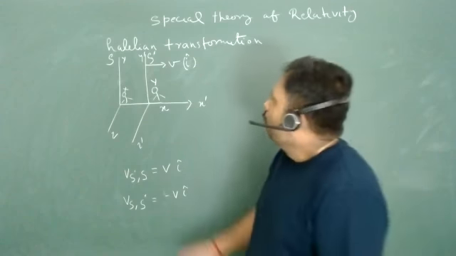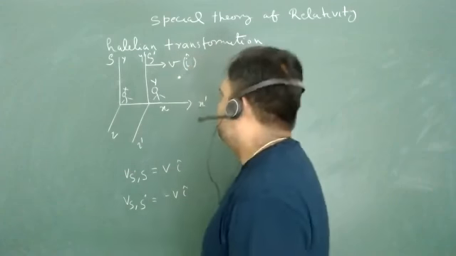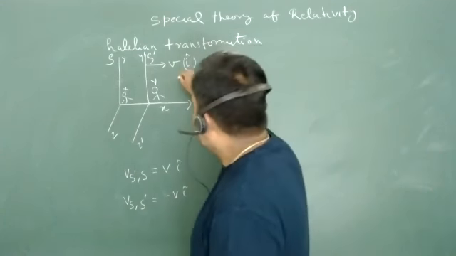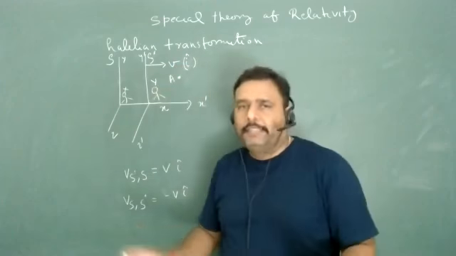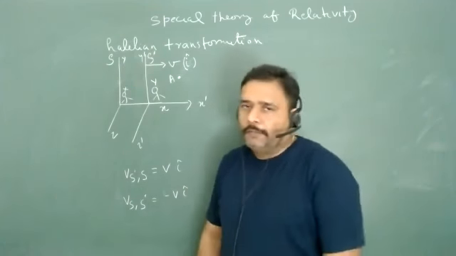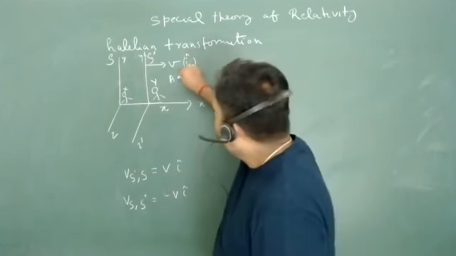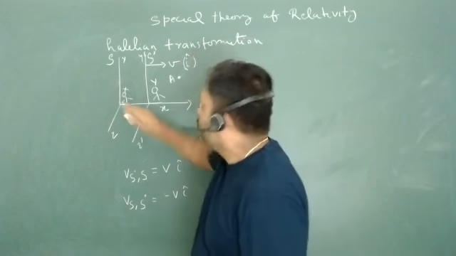Now, we have any point in space. Let's say this point in space is point A. What we are going to do is give the coordinates of this point with respect to these two origins.